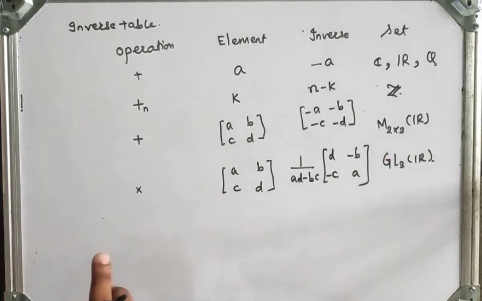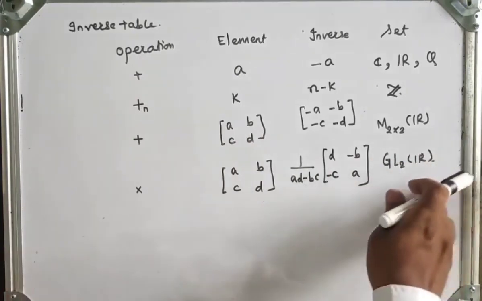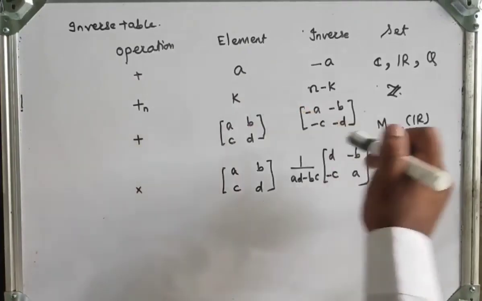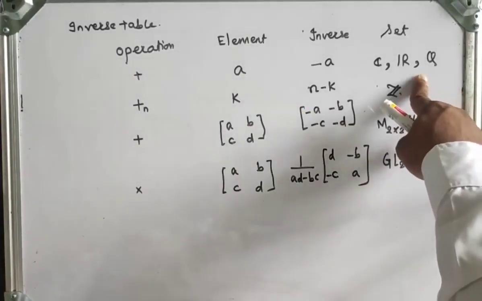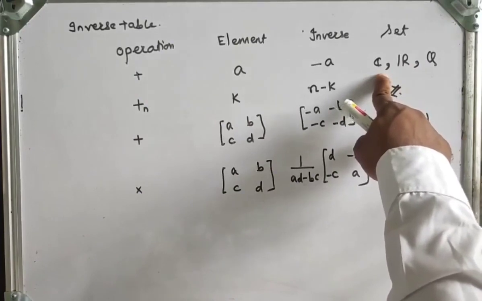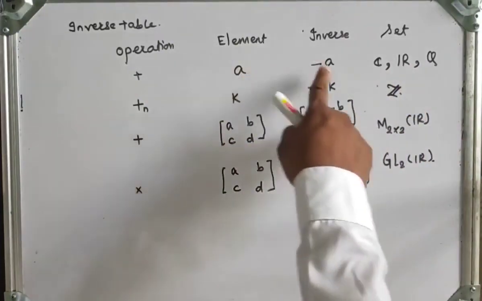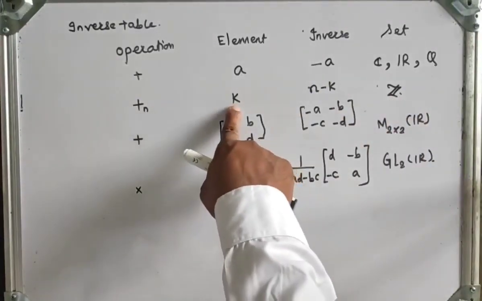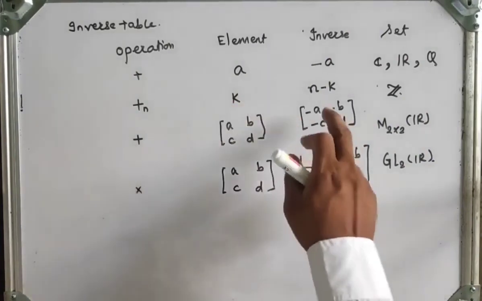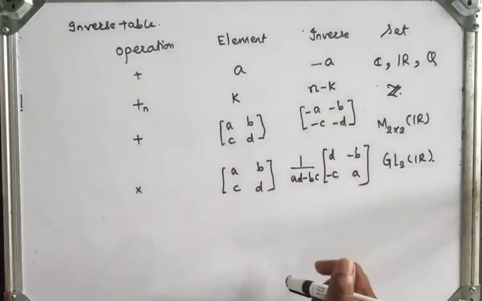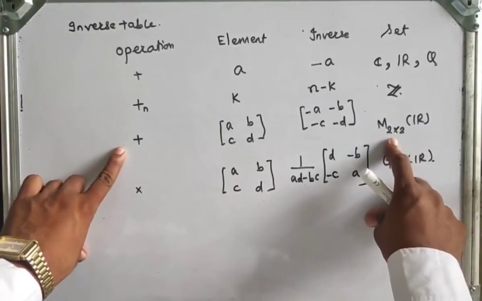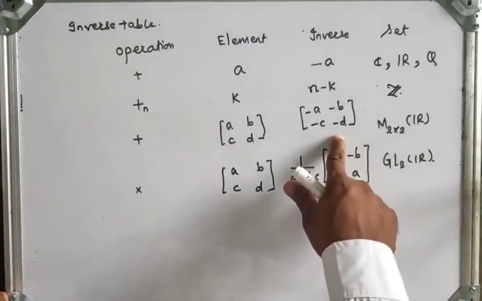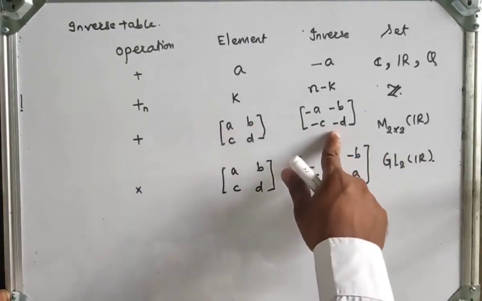So this is the inverse table for some sets. For sets Q, the set of real numbers, and the set of complex numbers, whose element is A, the inverse of A is minus A. For Z under the modulo n operation, if I take element K, then the inverse is n minus K. Under the addition operation in the set of all 2 by 2 matrices, if I take a 2 by 2 matrix, then the inverse is again a 2 by 2 matrix, but the elements have opposite sign.